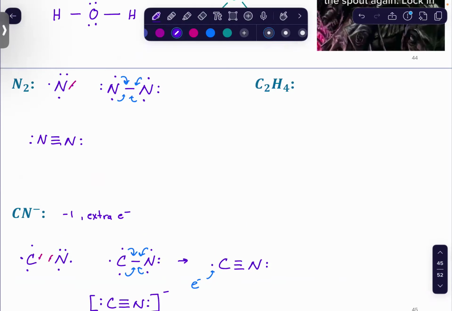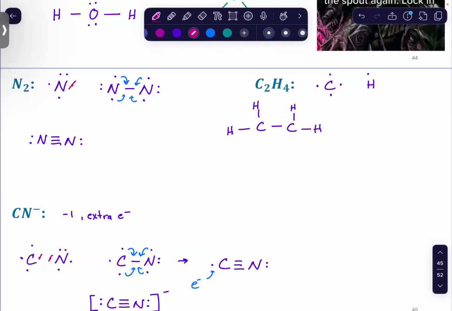Let's do C2H4. Each carbon will have its 4 valence. Hydrogens will have 1. Okay, this one, there's no central atom, so let's do carbon bonded to carbon. And then each one of these is going to get a hydrogen because we want to try to balance out the hydrogens across the molecule.